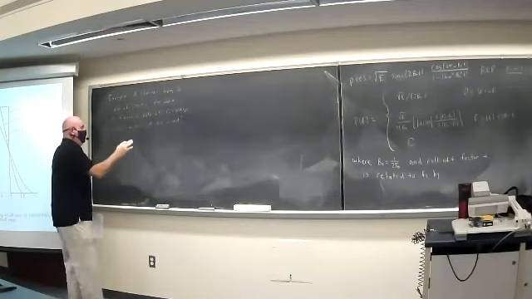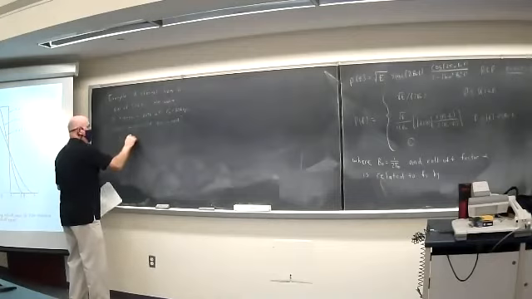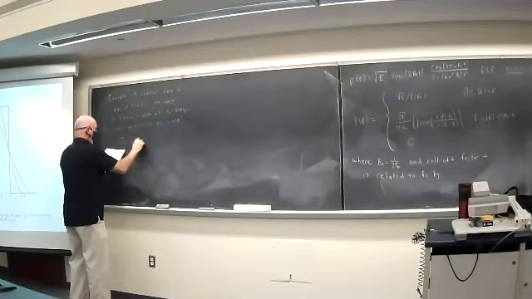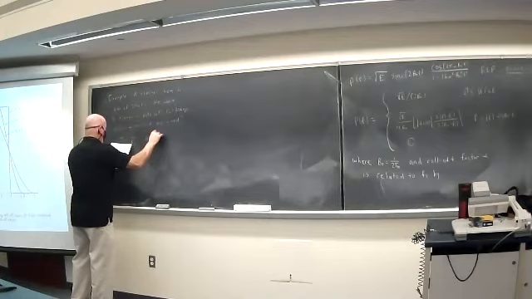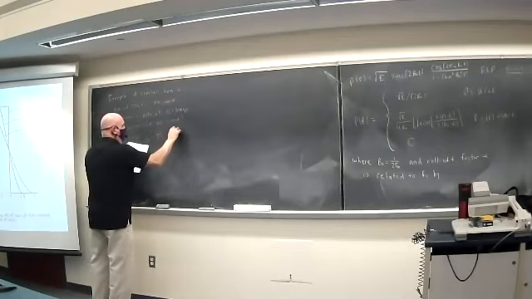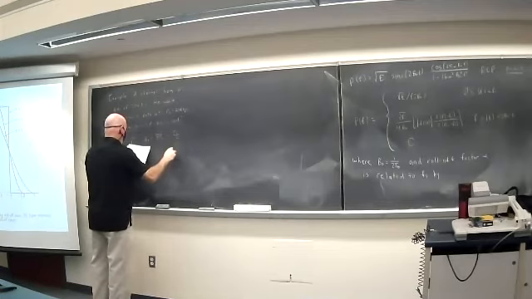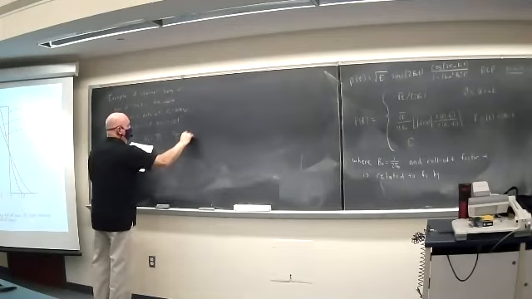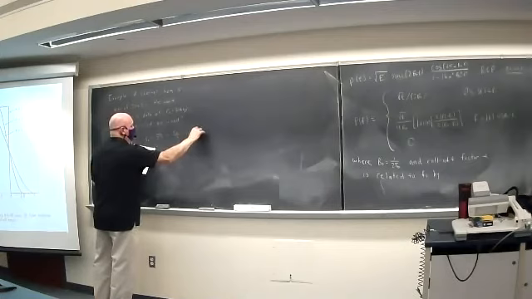So TB is 1 over RB. And then this B0 parameter that's in these equations is actually 1 over 2 TB, or RB over 2. Okay. So in this case, that would be 15 kilohertz.